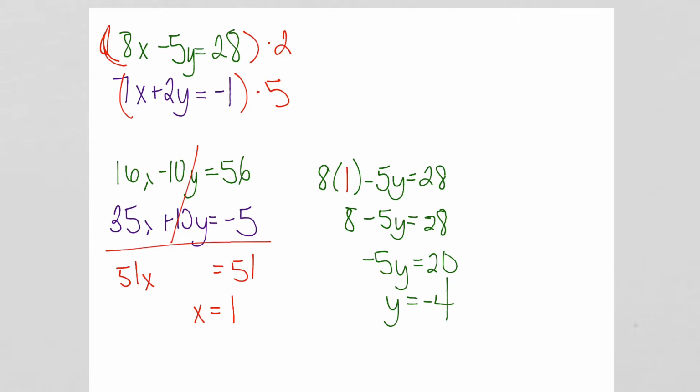And then last, I'm just going to take, let's see, which equation? B will be the easiest. So we have x minus y minus z equals negative 1.